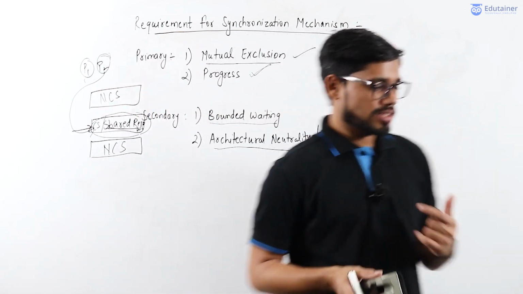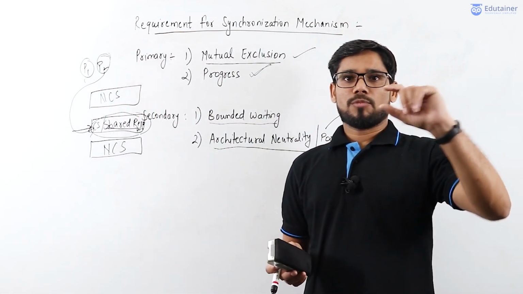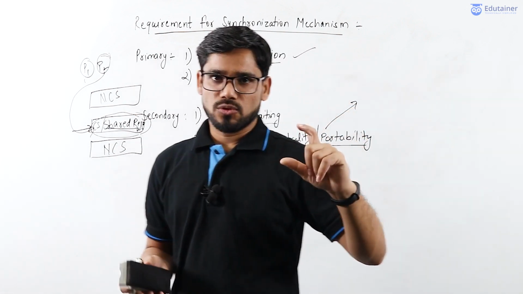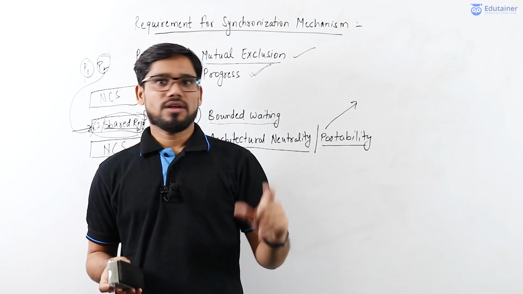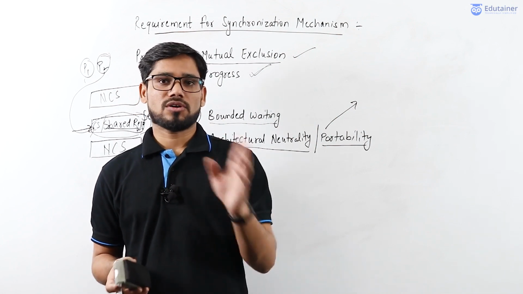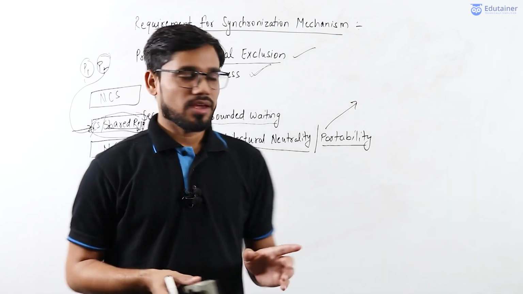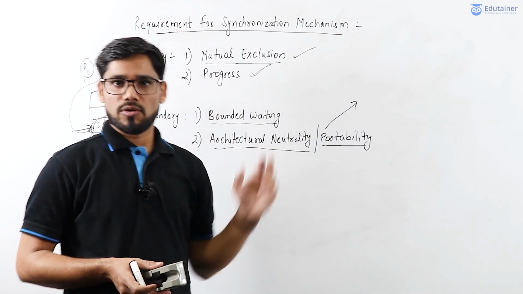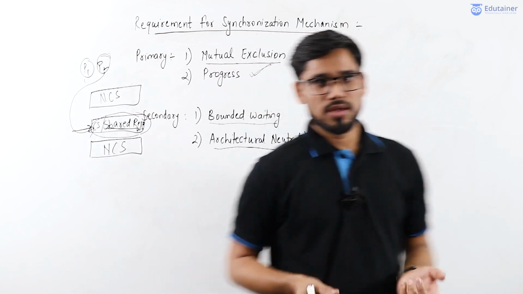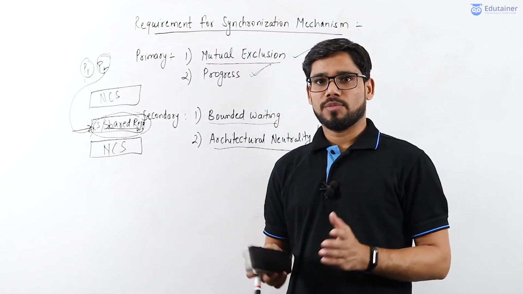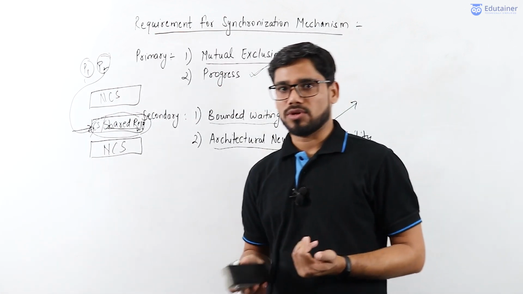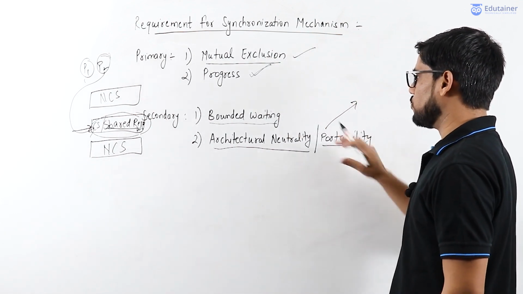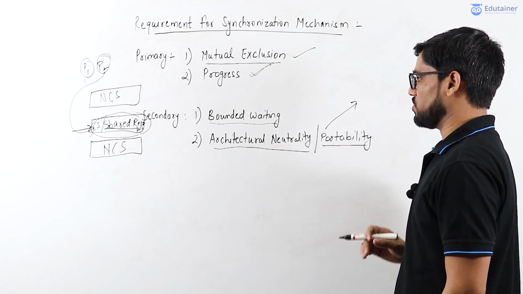For example, if you are providing a synchronization mechanism solution and this solution requires a specific hardware, then it does not meet the portability or architectural neutrality requirement. If your solution will run on the Windows operating system as well as, let's say, the Apple Mac OS operating system, then your solution is hardware independent, called architectural neutrality, and it is also a sufficient condition. It is not necessary, but it is a secondary condition.